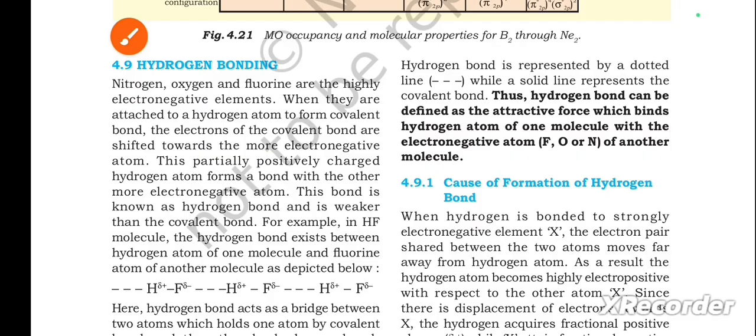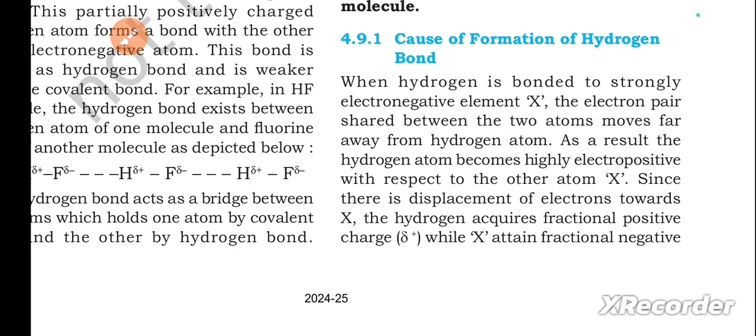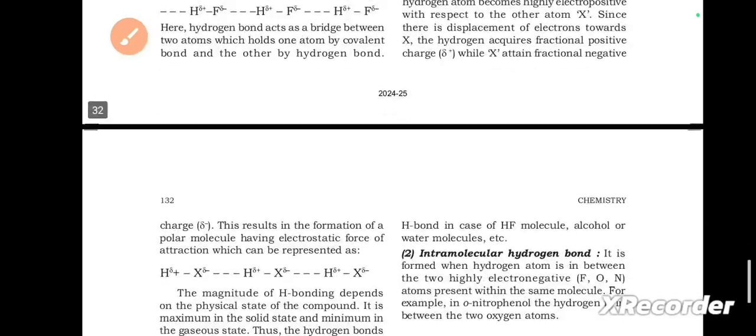Next, cause of formation of hydrogen bond. When hydrogen is bonded to strongly electronegative element X, the electron pair shared between the two atoms moves far away from hydrogen atom. As a result, the hydrogen atom becomes highly electropositive with respect to the other atom X. Since there is displacement of electrons towards X, the hydrogen acquires fractional positive charge, while X attains fractional negative charge.